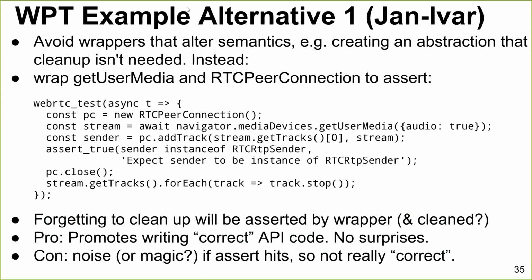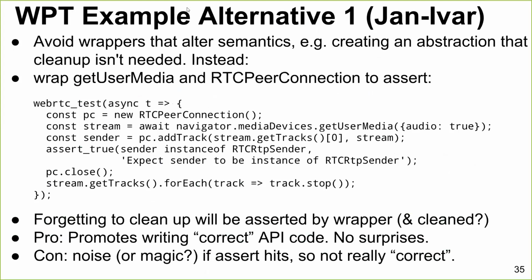So I proposed, so Fippo and I discussed this back and forth a couple of times. So I tried to make a version that instead of cleaning up, would just assert that the test had cleaned up itself. That way we would get some coverage and some way of making sure that tests were doing the right thing. But even that was a little problematic.